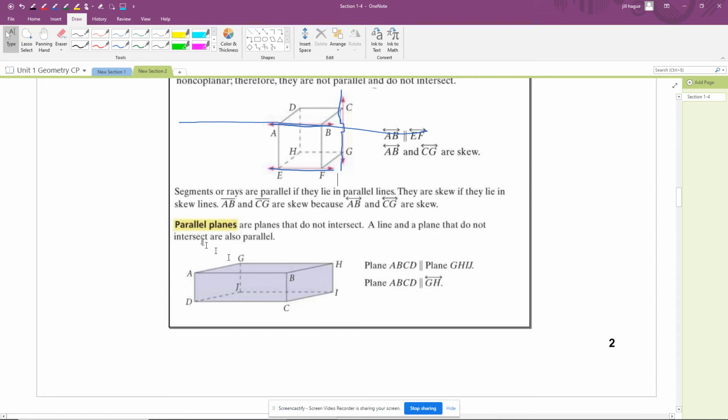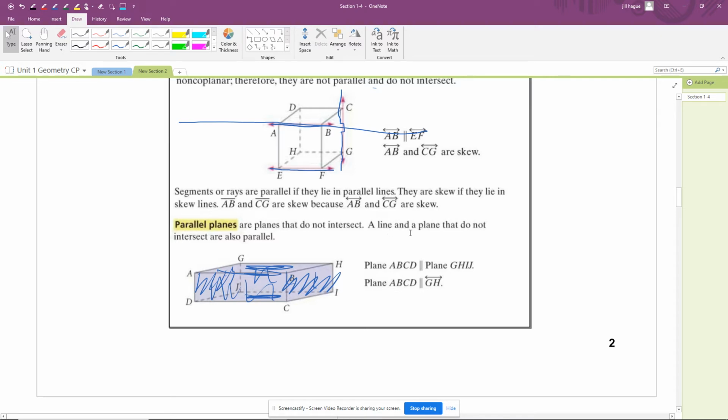Now, we can also talk about parallel planes. For the planes that are parallel, just think left, right, front, back, top, bottom. They're all parallel to each other. So here's left over here. It's parallel to the right over here. The top plane is parallel to the bottom plane. The front plane is parallel to the back plane, and so on and so forth. Parallel planes never intersect.